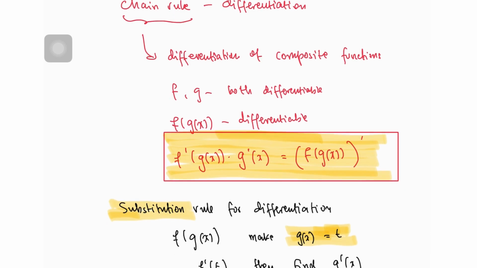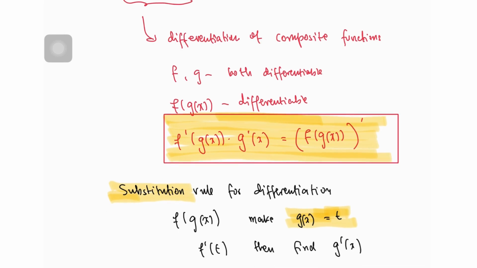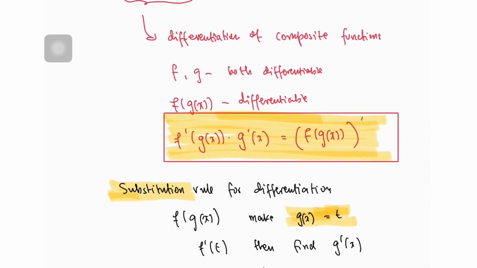We have the condition that both f and g have to be differentiable functions, and then f of g of x is differentiable as well, and in that case the formula for the derivative of the composite function, which is f of g of x, is f prime of g of x times g prime of x.